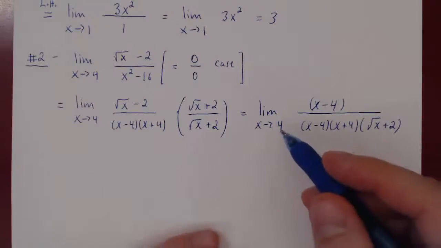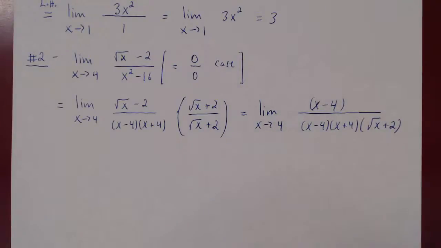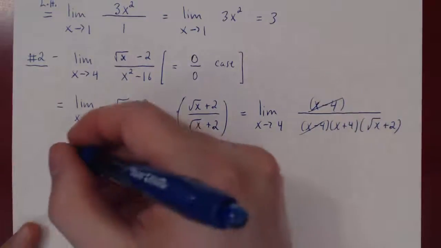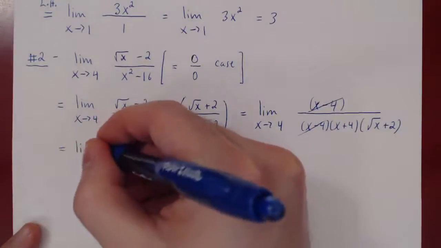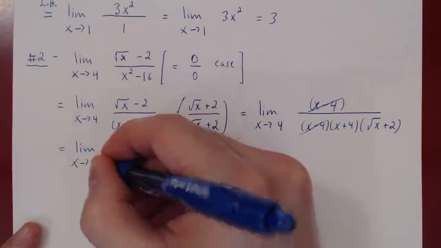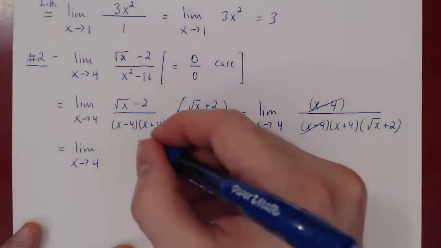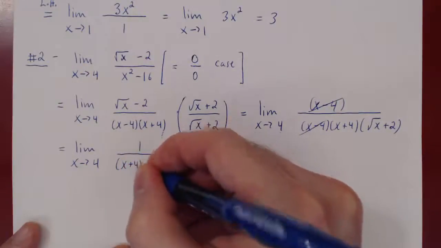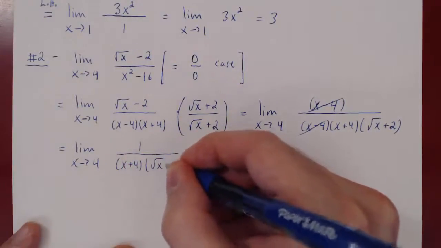Since x approaches 4, x is very close to but not equal to 4, we can cancel the x minus 4 terms, and we're left with a very simple limit. X approaching 4 of 1 over x plus 4 times the root of x plus 2.